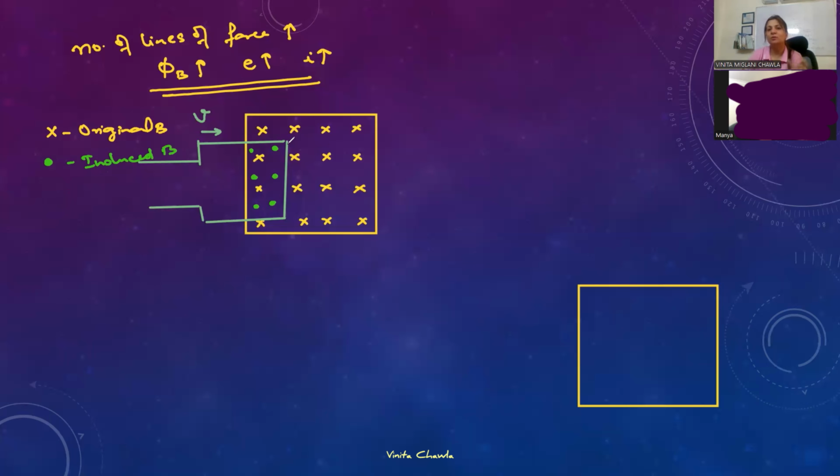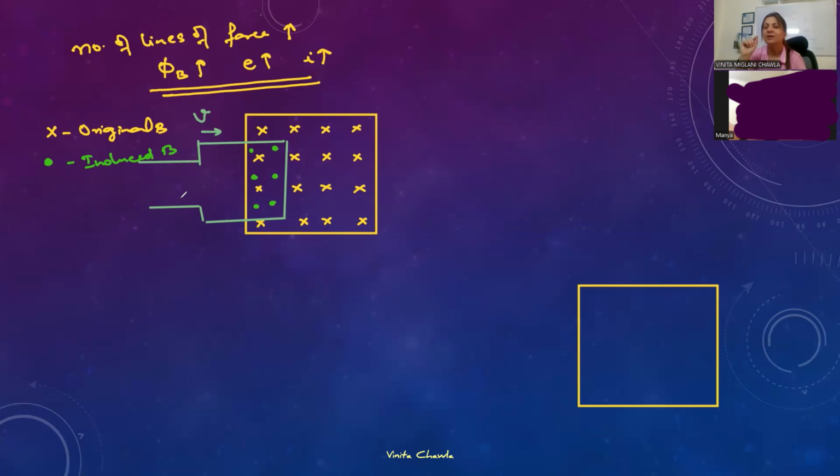Because when the coil goes into the magnetic field, the number of field lines will increase, flux will increase, and the induced magnetic field is going to oppose the change. So what should be the direction of induced current?